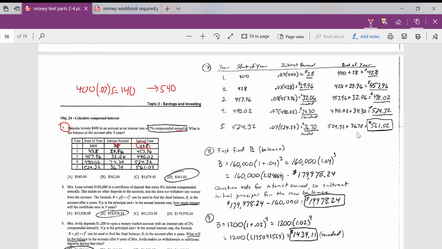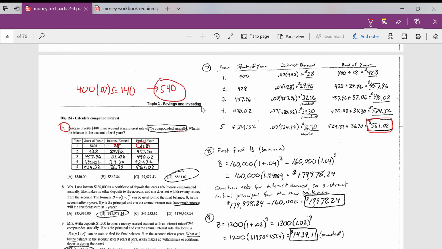Okay, and then you can see by the 5th year, the total amount, because we start with a new number each year, is 561.02. Whereas if we just use simple interest, it would have been 540.